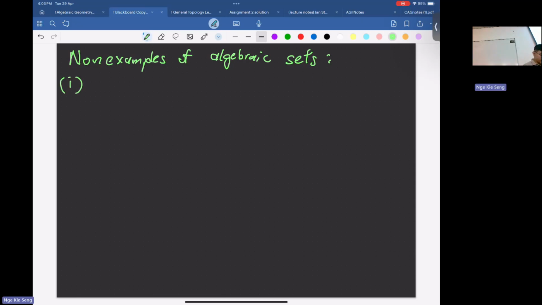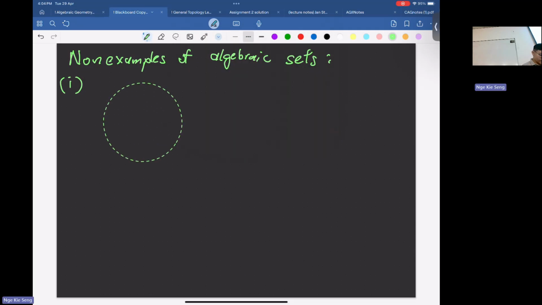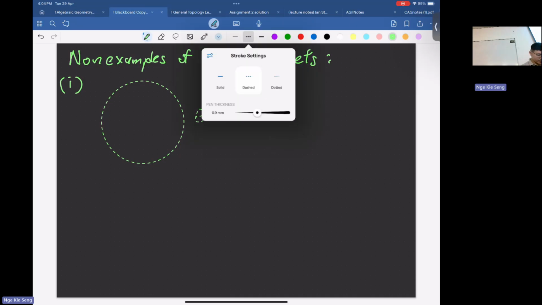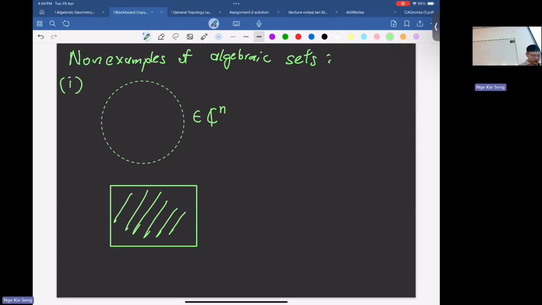One first example is the open ball. If you look at an open ball in, let's say, C^n here. What I draw is just C^2, but I mean R^2. If you imagine an open ball in C^n, it's not an algebraic set. Similarly, a closed square is also not an algebraic set.